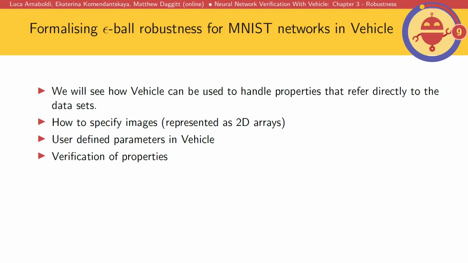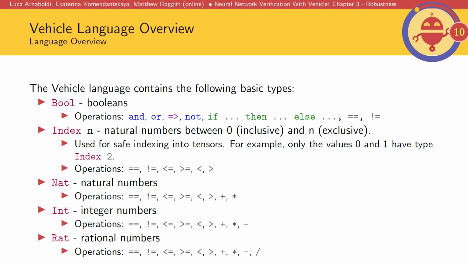So we actually need to formalize images in VeCol, and these are going to be 2D arrays, as Katya mentioned. We need to define some parameters according to the user. So this epsilon value can be given by the engineer and hard-coded, but perhaps you have a very specific epsilon value you want to use yourself, and VeCol allows you to write that yourself.